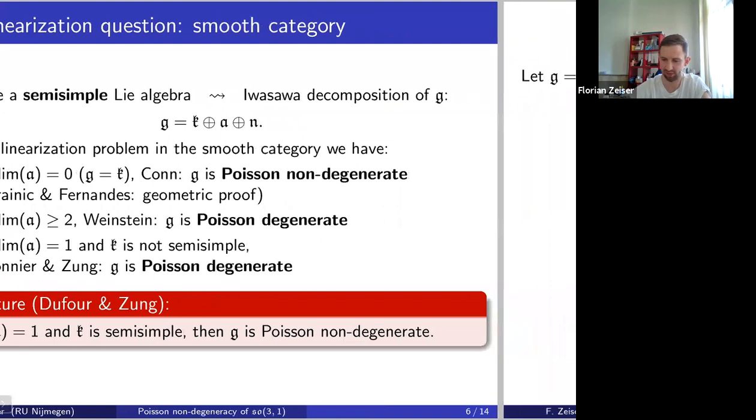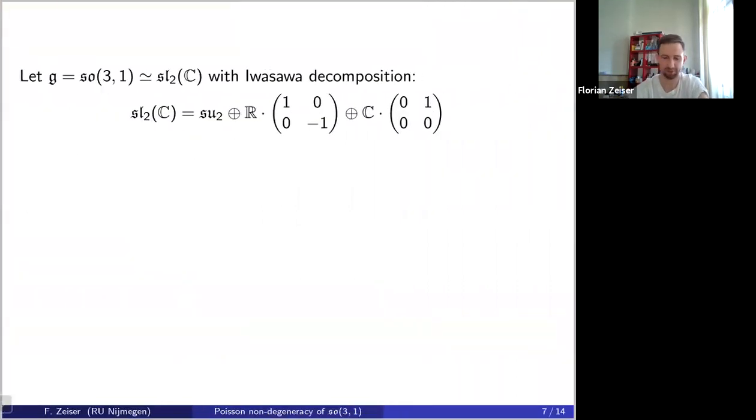Therefore, we look at its Iwasawa decomposition, and we use that so(3,1) can be identified with the real Lie algebra sl(2,C). So we view sl(2,C) as a real Lie algebra, and its Iwasawa decomposition is given as follows. The compact part is just su(2), and then A is given by the real diagonal matrices, and then the nilpotent part is just upper triangular with some complex coefficient there.